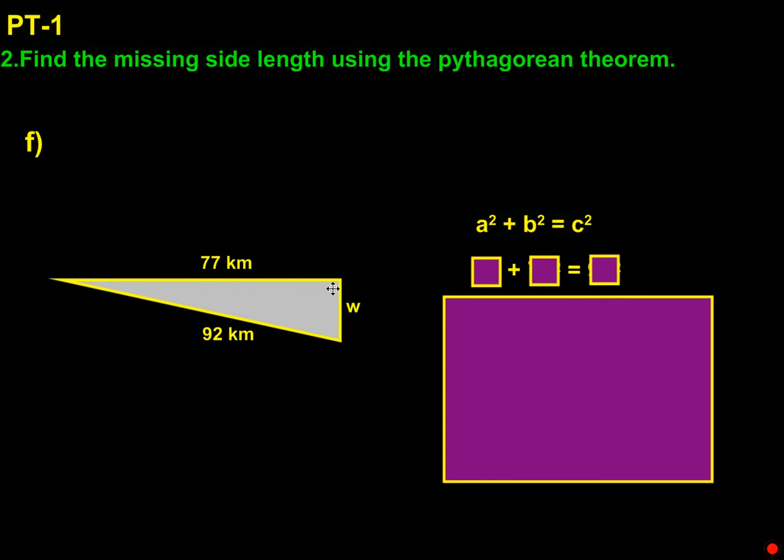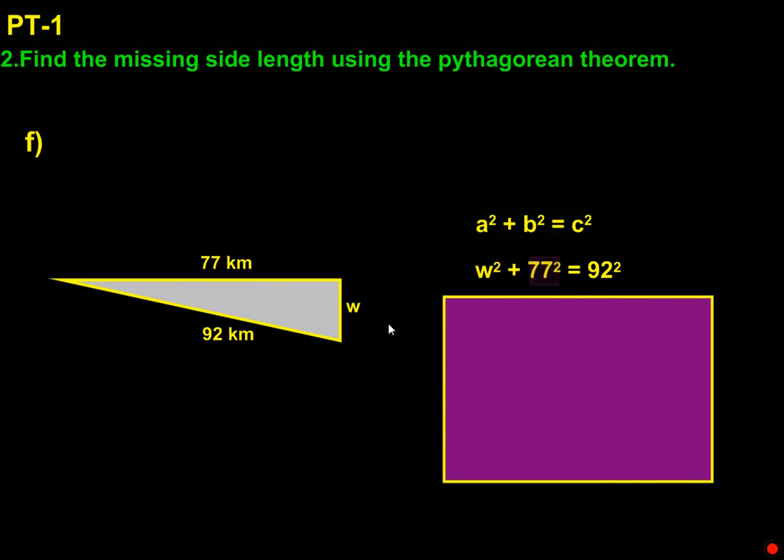I do see that it's this one here in this corner, but if that didn't immediately jump out at you, one thing you could do is, knowing that the hypotenuse has to be the longest, clearly W couldn't be the longest. So it's a choice between 77 or 92, and 92 is obviously longer, so 92 has to be the hypotenuse. We'll plug that in for c, and then W and 77 can go for a or b, it doesn't matter.